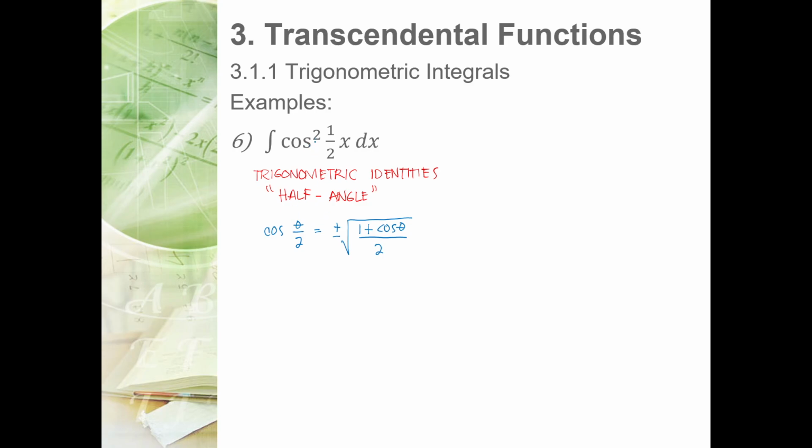Since this one is squared, we square everything. So you have cosine squared theta over 2 is equivalent to, since plus squared minus squared is positive 1, and the square of your square root cancels out the square root, what remains on the right side is 1 plus cosine theta all over 2. So this will be our transformation.